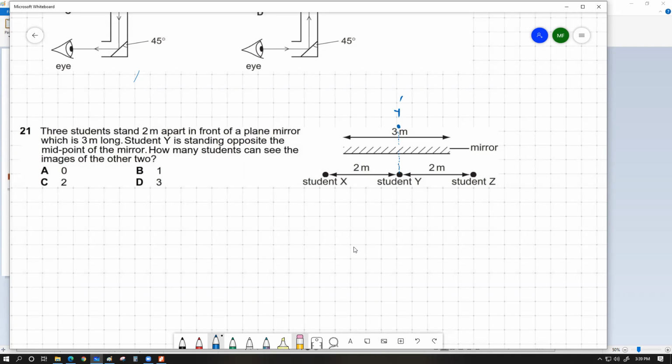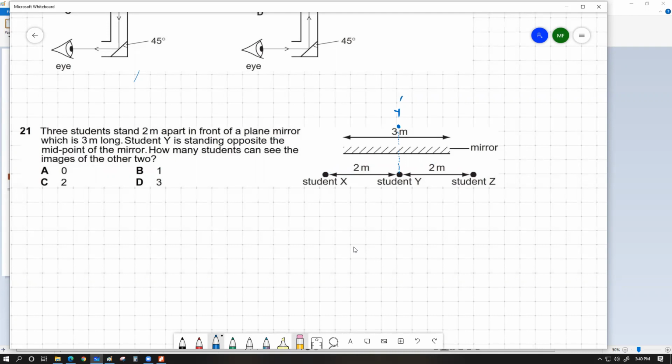Student X doesn't have any part of the mirror in front of him, so light cannot reflect off the mirror and reach himself, but light can very well reflect off student X from a certain amount of the mirror and reach student Y, in which case student Y should see student X's image behind the mirror. Light can also get reflected off another point and reach student Z as well. So I'm going to rub off these lines because we don't need that.